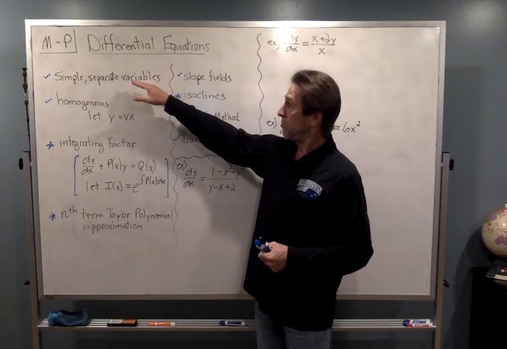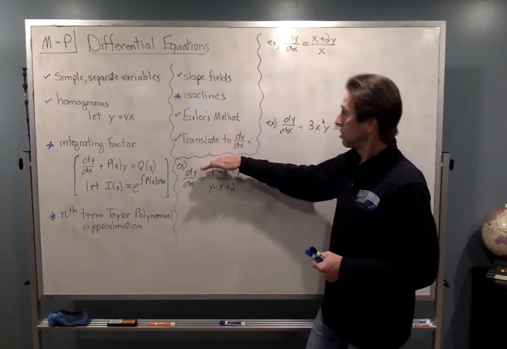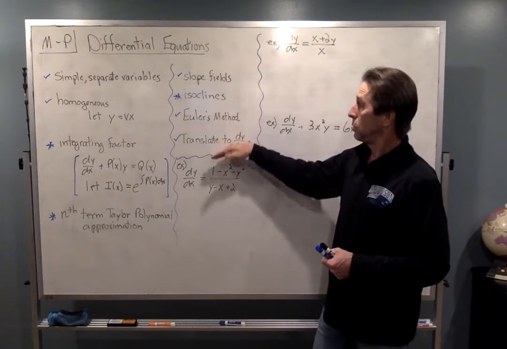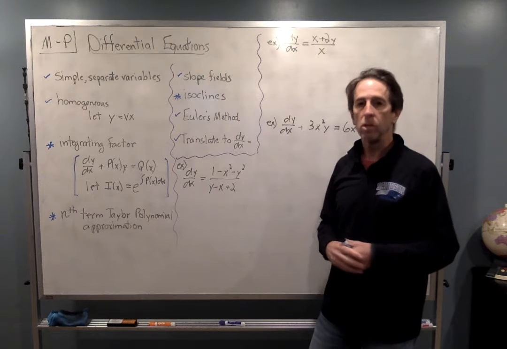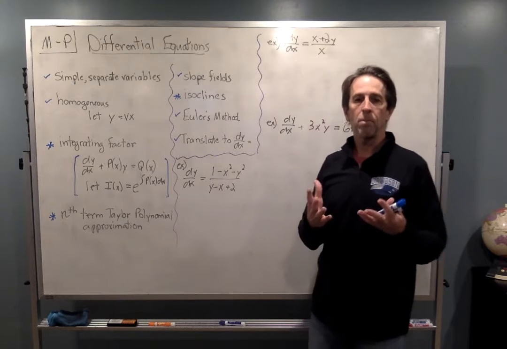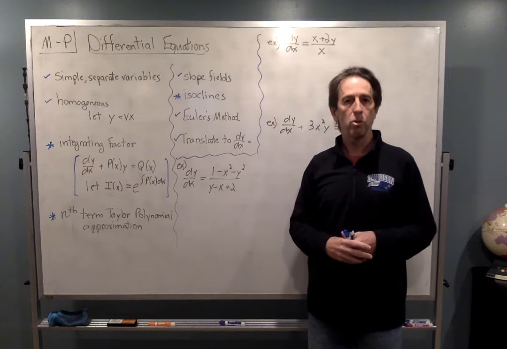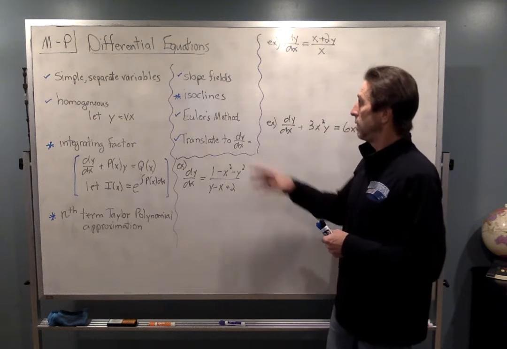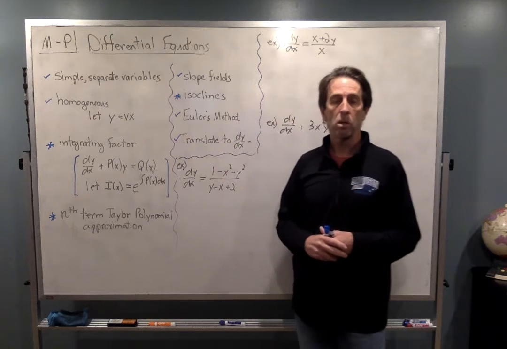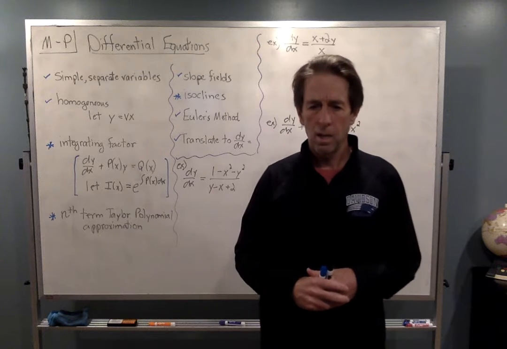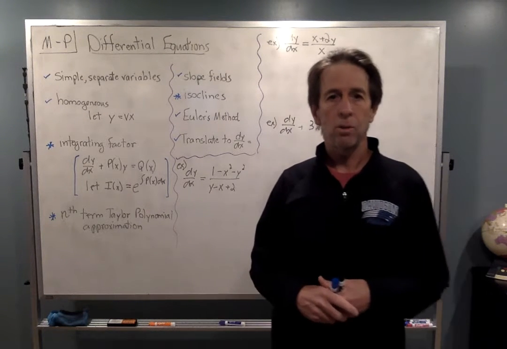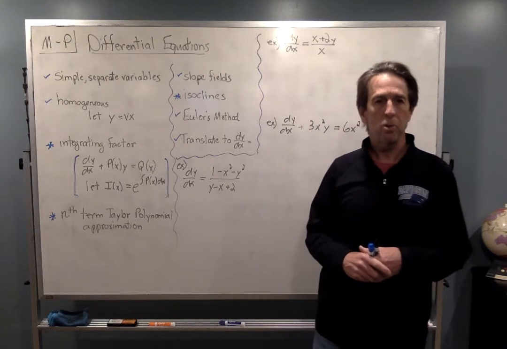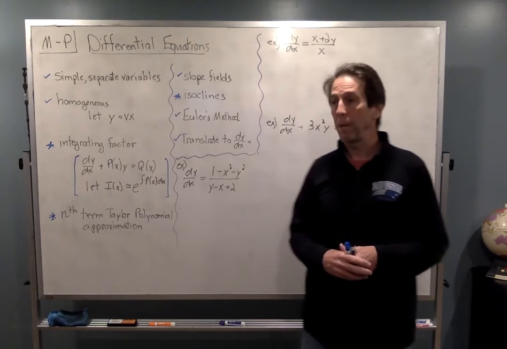Now, with differential equations in general, here are some of the different things that we've been able to do. We know what a slope field is. A slope field is just a field of the slopes. It's these little marks that when you stand back, you kind of see a picture of a solution to a differential equation. We've used Euler's method before. Euler's method is a numerical, iterative method that allows us to find the solution of a differential equation, or approximate it.